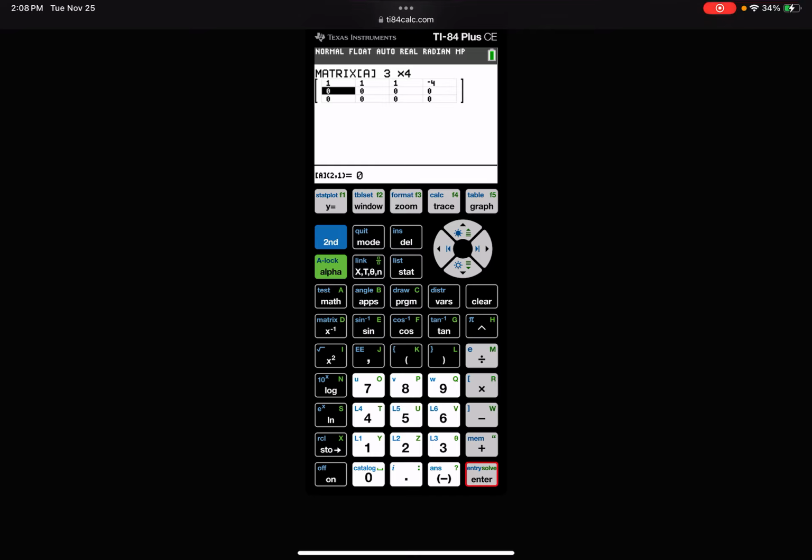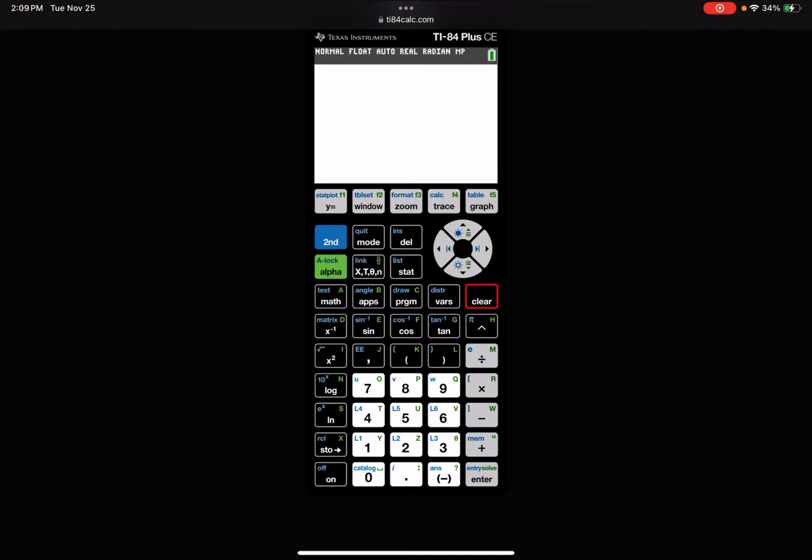Okay, and then 2, 1, 0, 0. And then 3, -1, -1, and 8. Okay, so I've entered this matrix, and to get out of this screen, because it's kind of weird, I just click on graph, and then I hit clear to get back to the original screen.